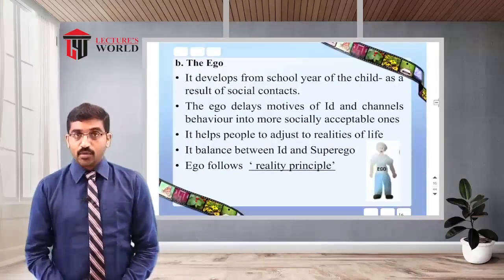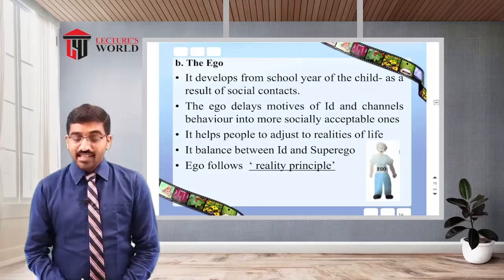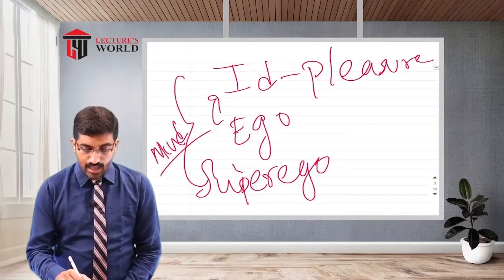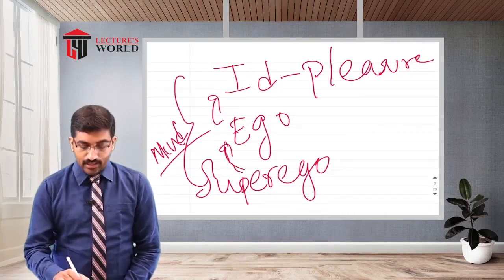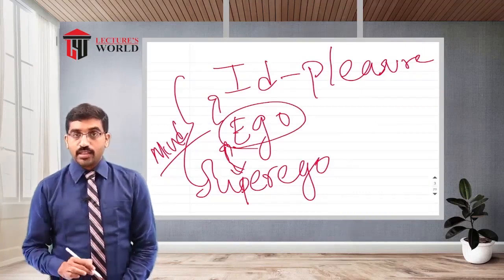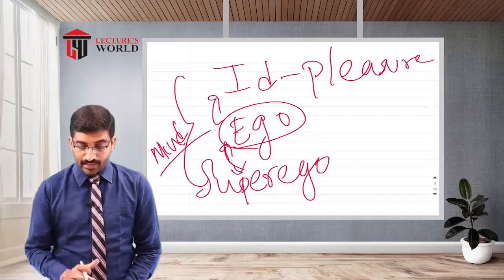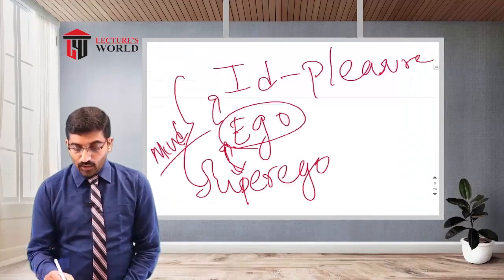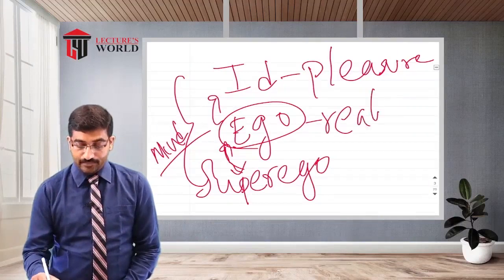And what is ego? Ego comes in between. It lies in between id and superego, right? And ego follows the reality principle. It only knows about reality.